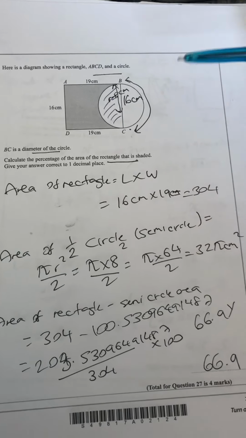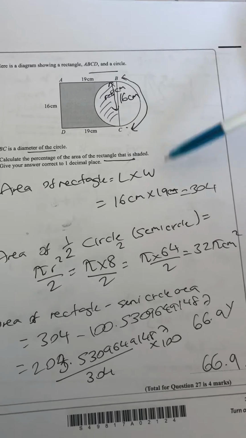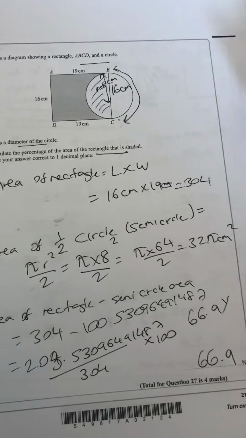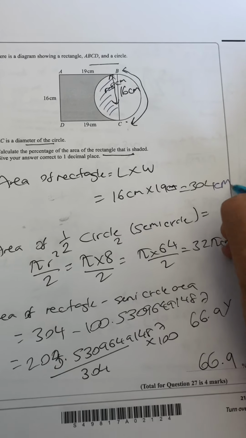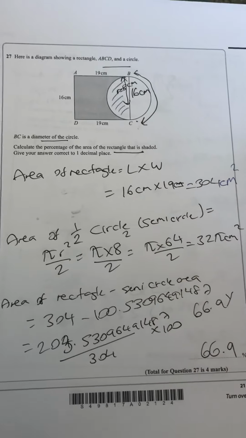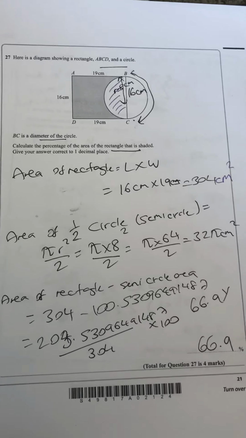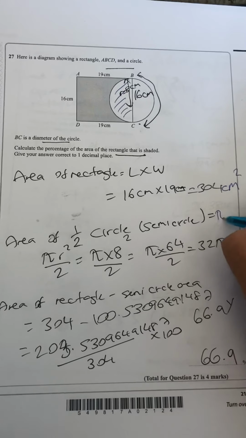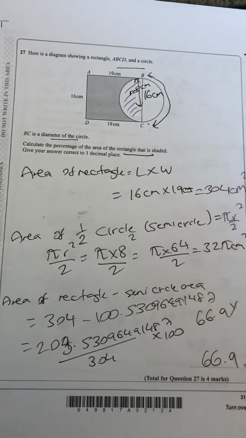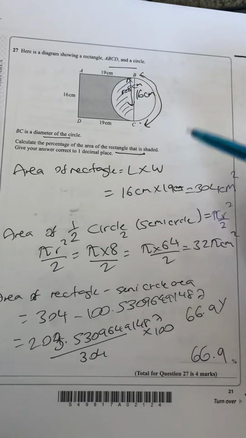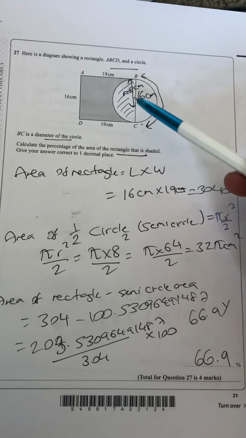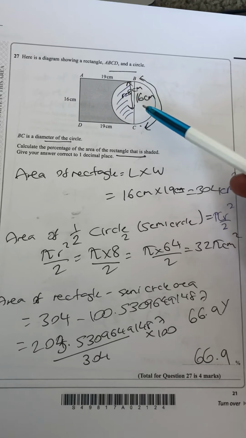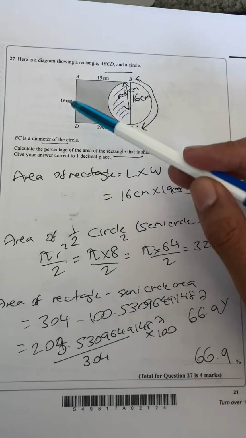The area of a rectangle is length times width, so it's 304 centimeters squared. The area of a semicircle is pi r squared over 2. The radius is going to be 8, because it's half of the diameter, because BC is equal to AD.